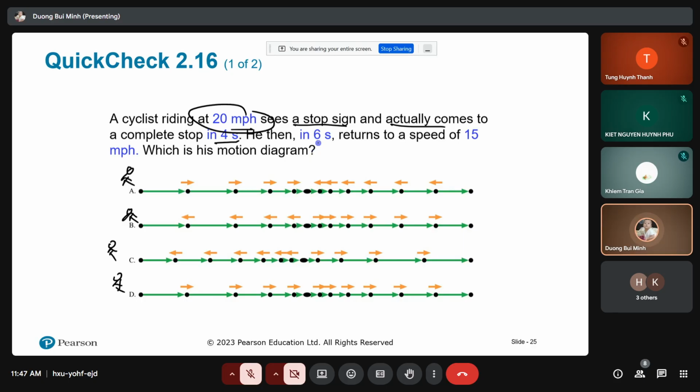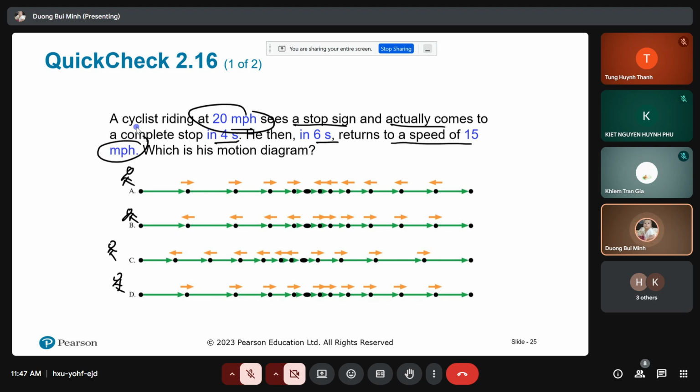And then in 6 seconds, returns to a speed of 15 miles per hour. That means his speed decreased.